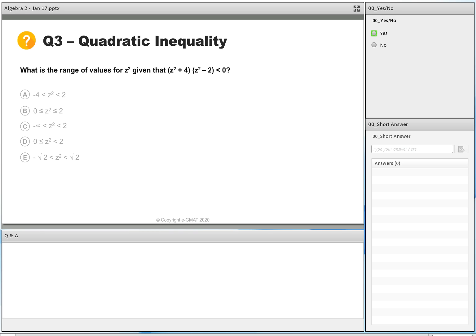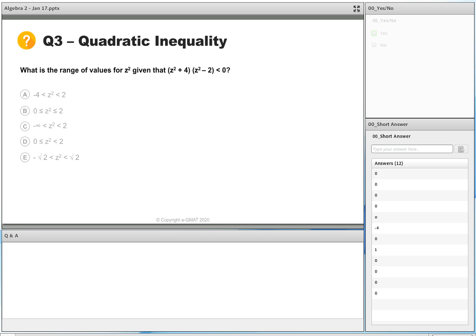And let's discuss this on the short answer poll as well. So I'm gonna end the yes no poll, reopen the short answer poll. 4 is a positive number. What is the minimum value that z square can take? 0, right? 0 is the minimum value that z square can take. Why?